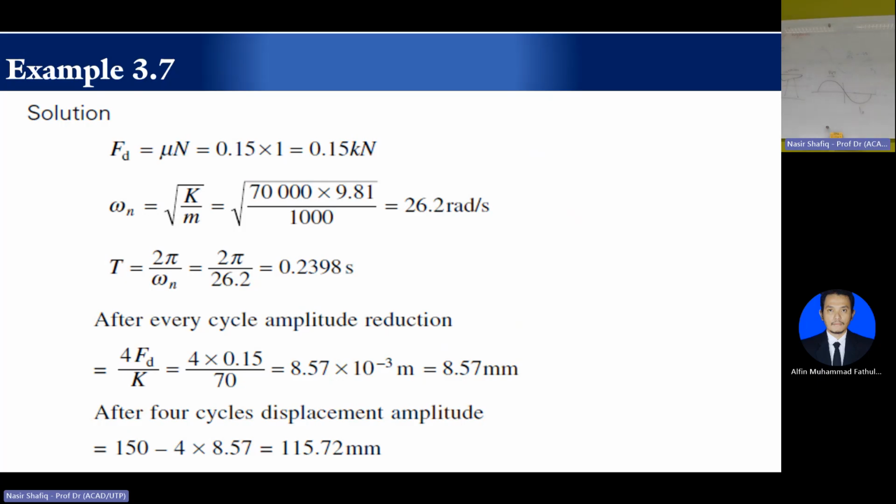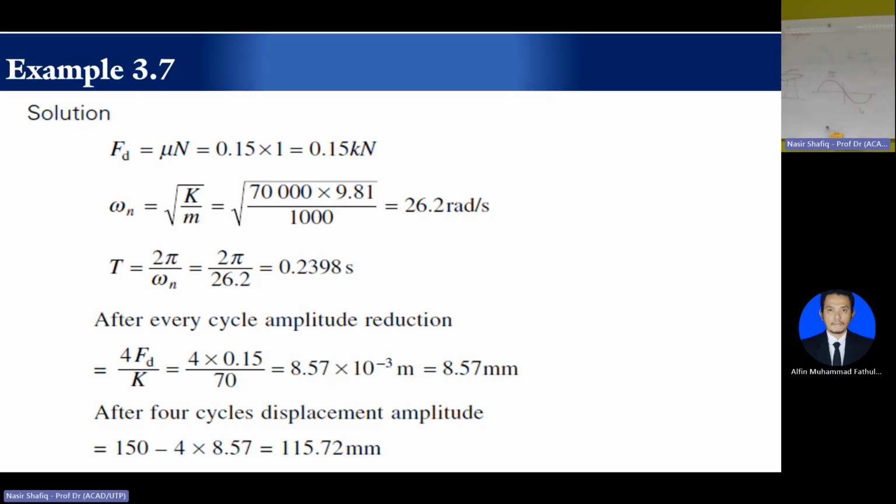So FD is the friction force, right? Here damping is friction. The friction coefficient is 0.15, the weight is given as 1 kilonewton. As we said, omega n will remain, so we can also calculate the natural frequency. The stiffness is given, and the mass is 1 kilonewton, or 1000 Newton divided by 9.81.